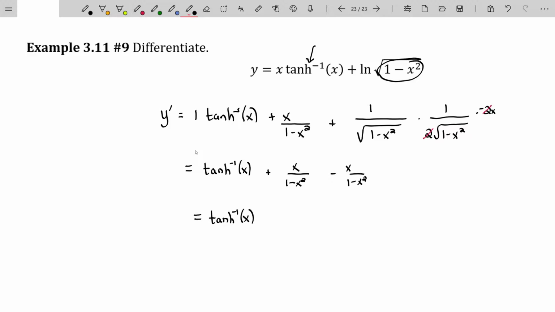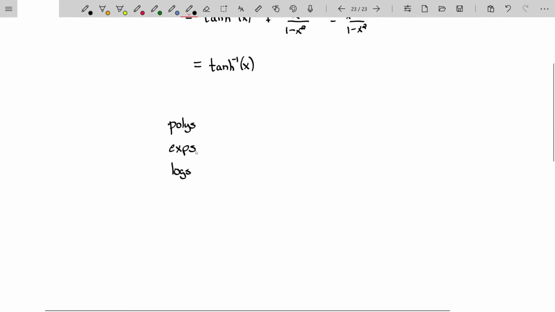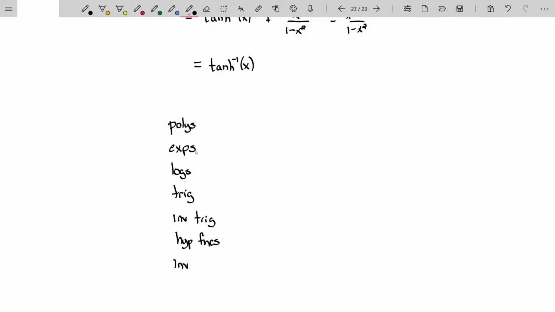You now know at this point, or at least you should know at this point, derivatives of polynomials, exponentials, logarithms, trig functions, inverse trig functions, hyperbolic functions, inverse hyperbolic functions. Let's see, what else? Offhand, it's the group that I can think of. And then those are the functions that you should be able to take derivatives of.